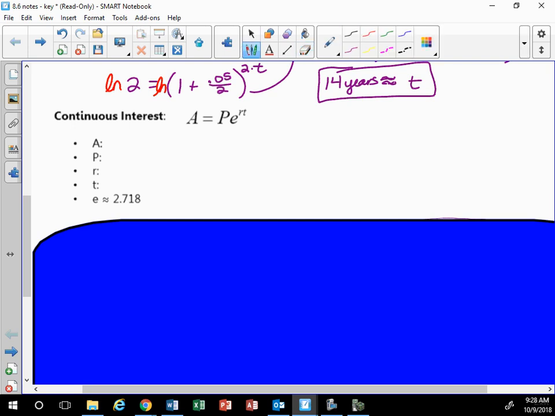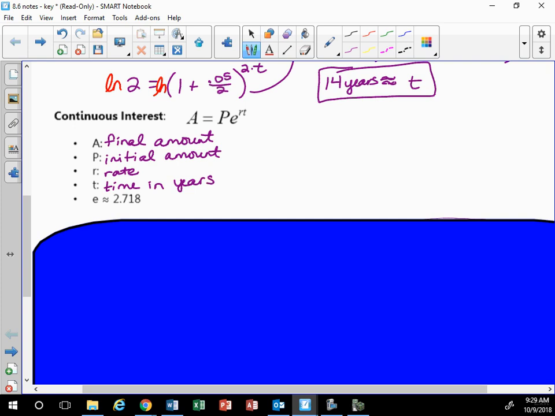All right, A is still the final amount. P is still the principal or the initial amount. R is still your rate. And t is still time in years.